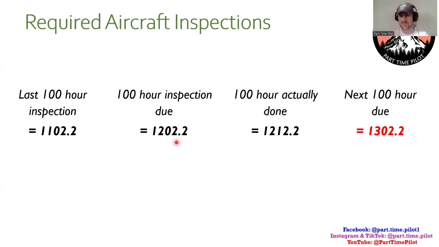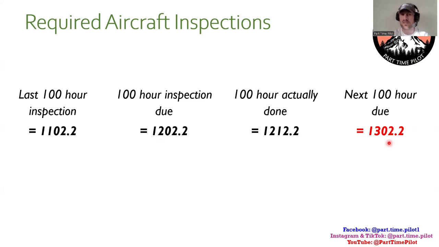That wording is confusing to me. It means that you don't start your 100-hour timer when you actually got it done here at 1212.2. You don't restart here and get it done at 1312.2. You start it when it was due. So again, it was due here. So the new 100-hour clock starts here and you have to get it done again at 1302.2.